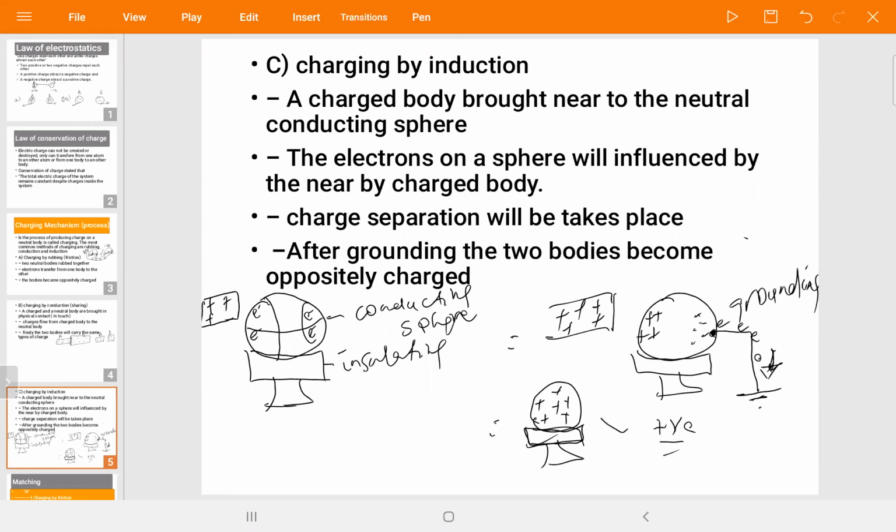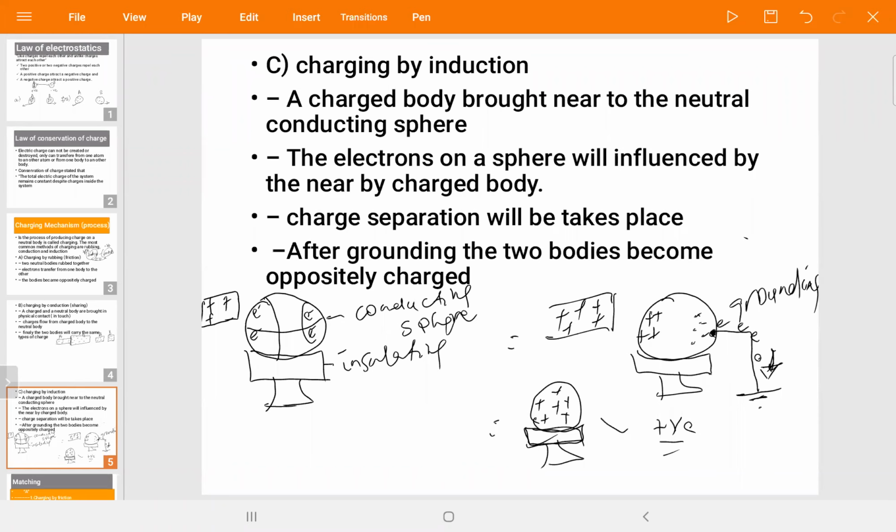Then let's bring a charged object. It may be positive or it can be negative, but initially charged. Assume we have brought a positively charged rod. When the rod approaches the sphere, the charges on the surface of the sphere are disturbed, and due to this disturbance by the nearby charges, the charges that have the opposite sign to the rod migrate to the right side.